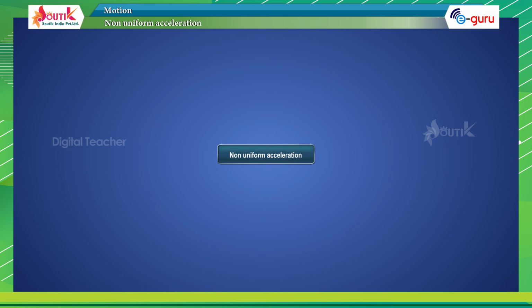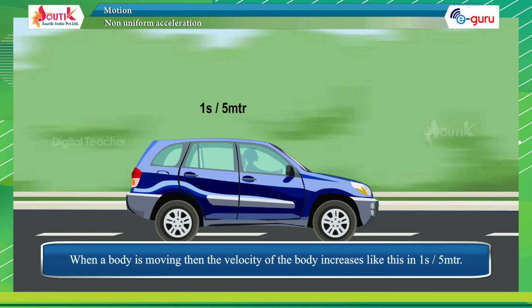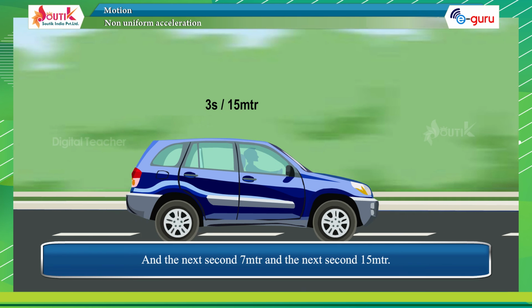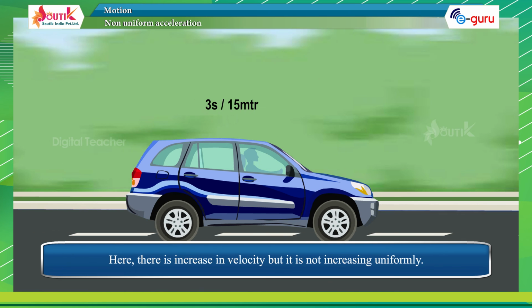Non-uniform acceleration. When a body is moving, the velocity of the body increases like this: in 1 second 5 meters, the next second 7 meters, and the next second 15 meters. Here there is an increase in velocity, but it is not increasing uniformly.